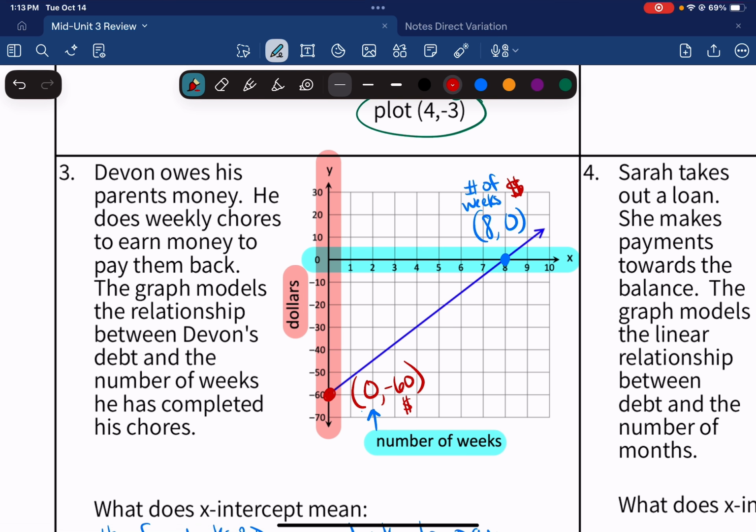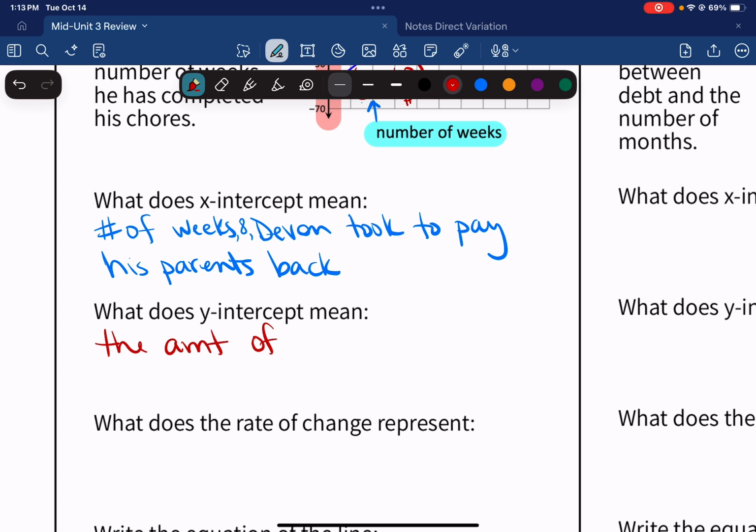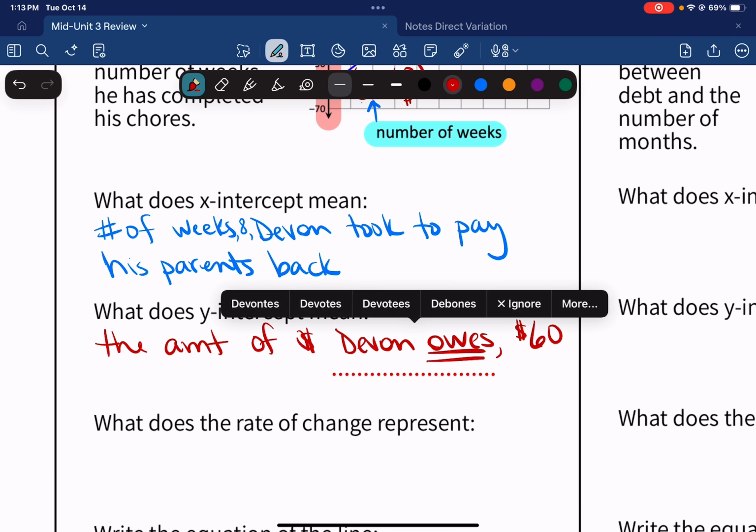Well, at week 0, he owes them negative $60. So the y-intercept in this case is the amount of money Devin owes, which is $60. And by owing money, that implies it's a negative 60.